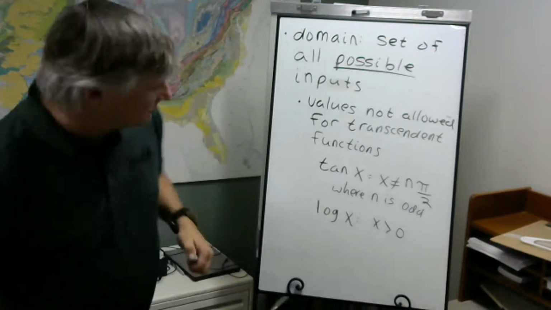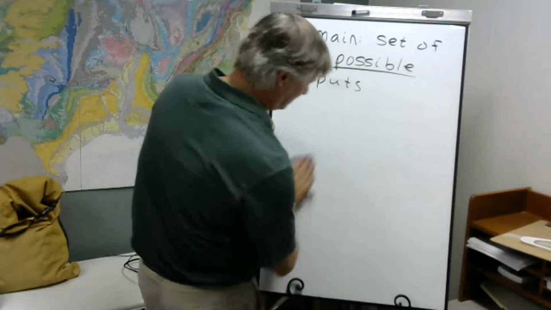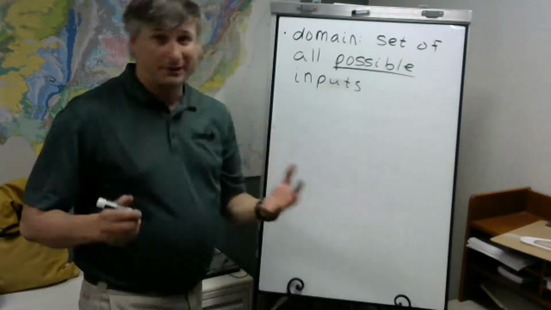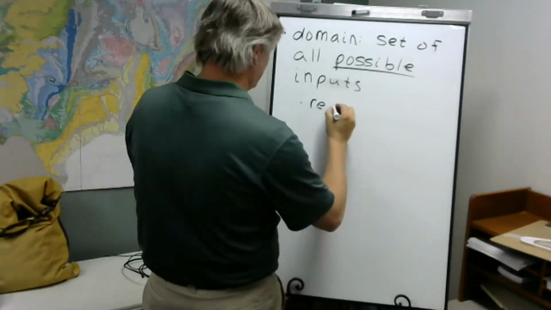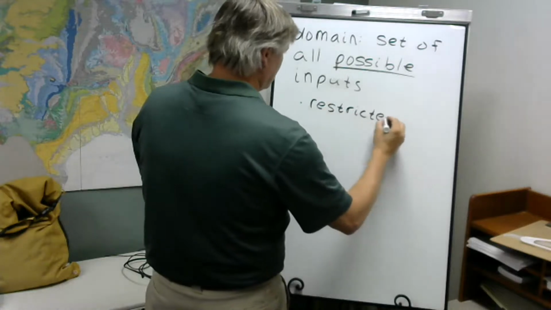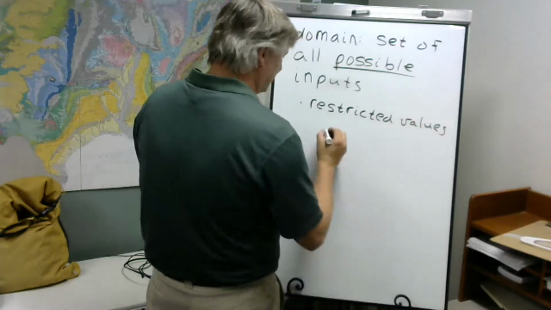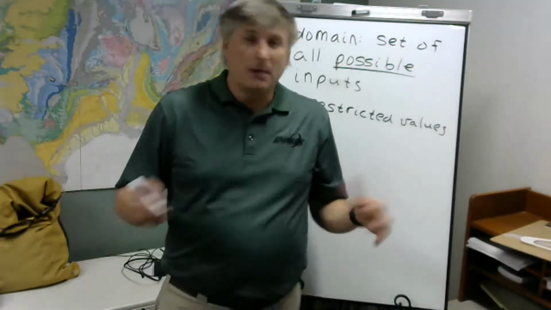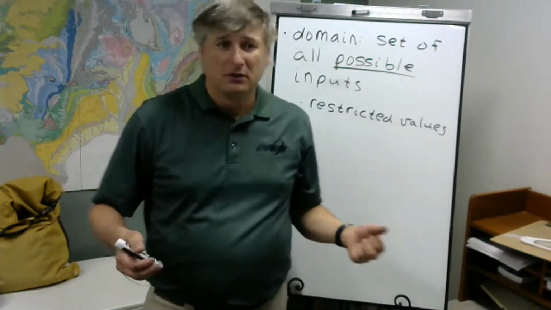The other thing is, finally, values that are simply restricted. The best example of this I can think of, now these are just sort of done somewhat arbitrarily, or they're done based on the problem you're trying to solve.